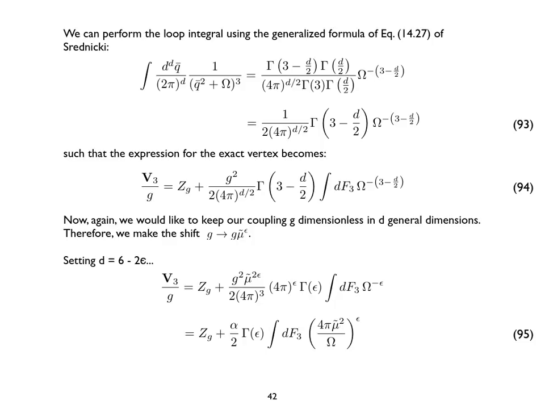It looks something like this when you whittle it down. And you can plug that in, and you're going to see omega being integrated over x1, x2, x3, and remember how complicated omega is. So that's going to be a tough integral, and you'll want to go numerically there. But again, we want to keep G dimensionless, so we can't forget about shifting our coupling, G times mu, or mu twiddle, to the epsilon power, because we're working in D dimensions.